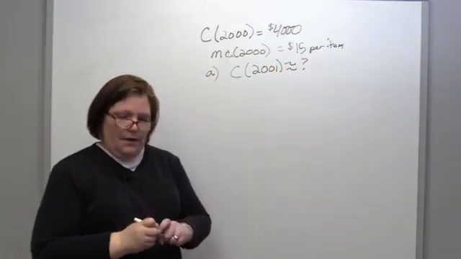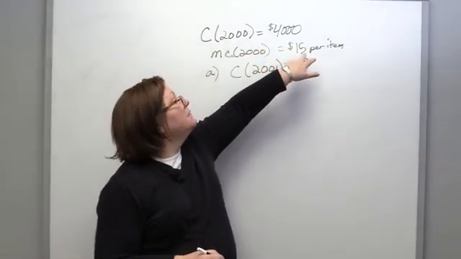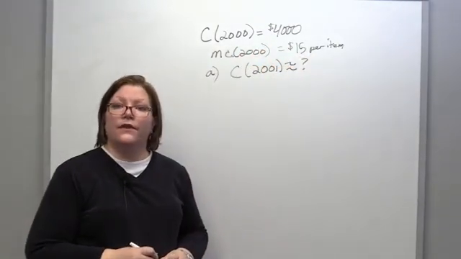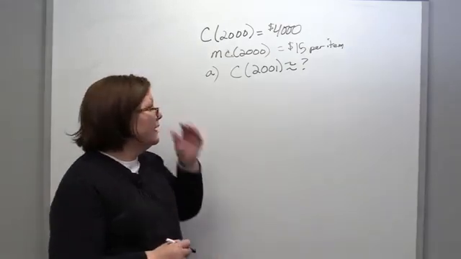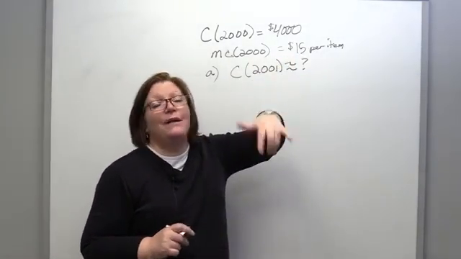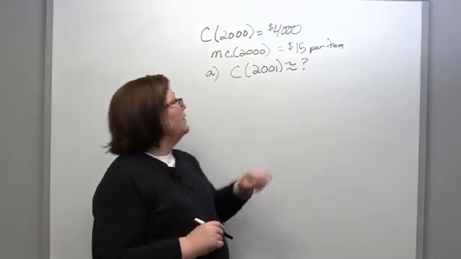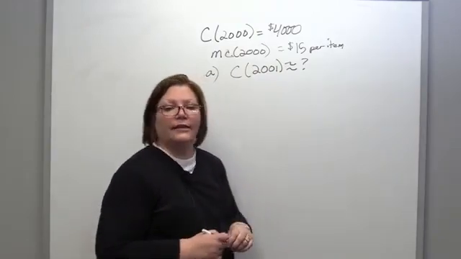Okay. And marginal cost gives us an estimate of the cost of producing one more item. So when you look at the actual data, it might end up being $14.98, which is about $15 per item.